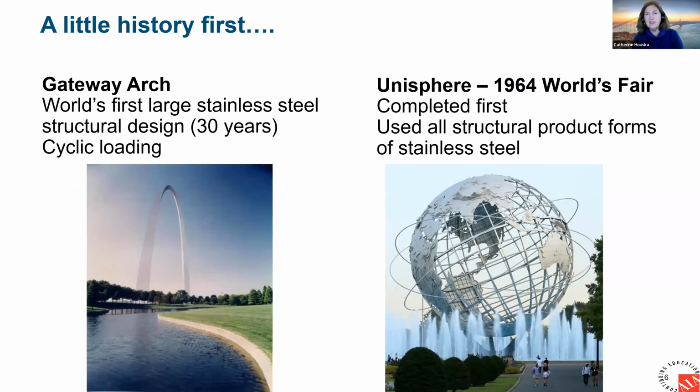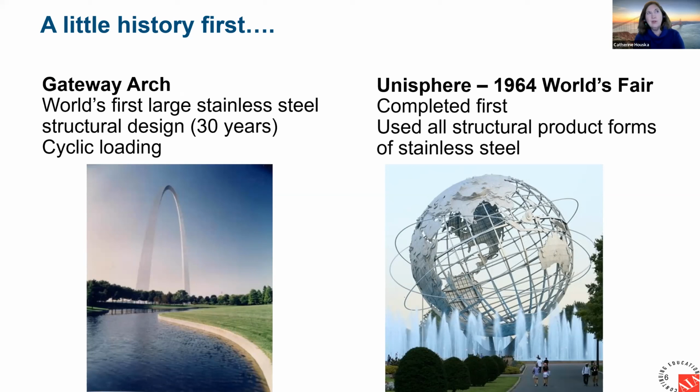It seems important to start with some history. We don't want anyone to think that this is a completely new concept, using stainless steel as a structural material. And I have to say that North America played a huge role in the development of structural stainless steel applications.